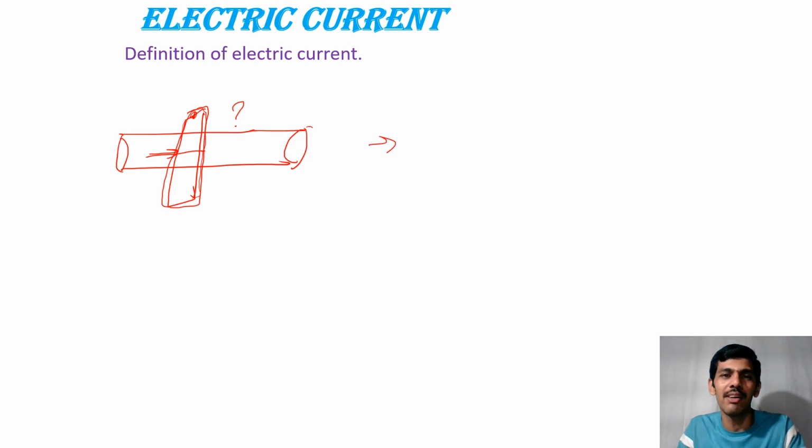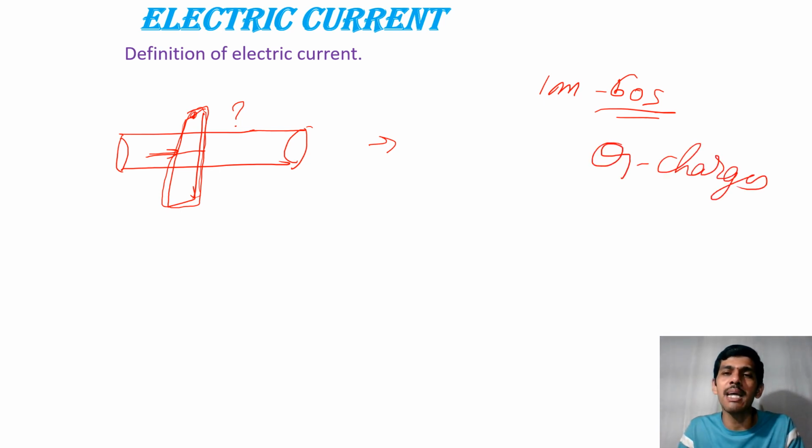How many electrons? I will give him, say for example, 1 minute, that means 60 seconds, and he has to calculate how many charges are flowing. We already know that Q is the symbol for charge. Let us suppose he has started his stopwatch and is counting the number of charges flowing through that area in the given time.